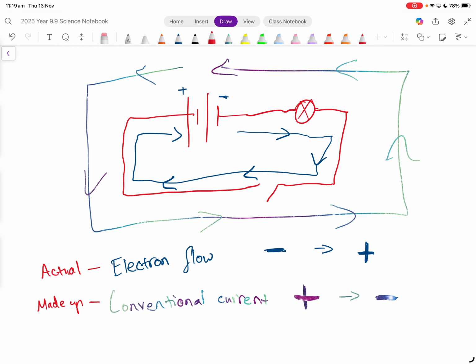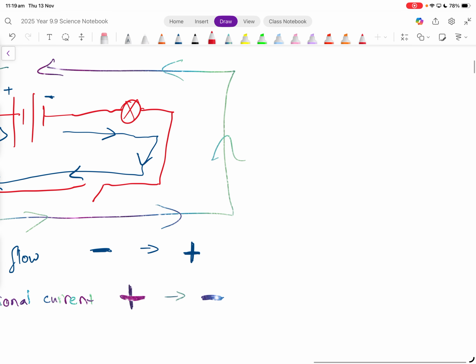Because back when electricity was first being discovered, people thought, if I have lots of something, imagine I've got a jug of water, and if I pour some of the water out into a cup, I would have had more here, a positive amount, and then as I lose some of it, it heads towards this one here where there was less. And so people thought it goes from more to less.